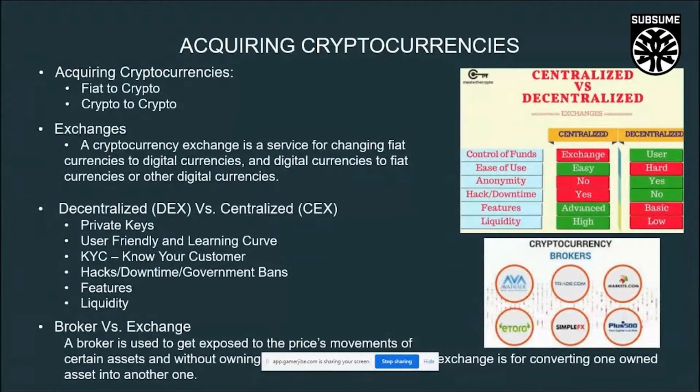I would even say Cash App is a centralized way of getting Bitcoin, right? Then you have your decentralized exchanges, like your Pancake Swap, your Uniswap. Usually you're utilizing a wallet, going through their interface to get to these exchanges.